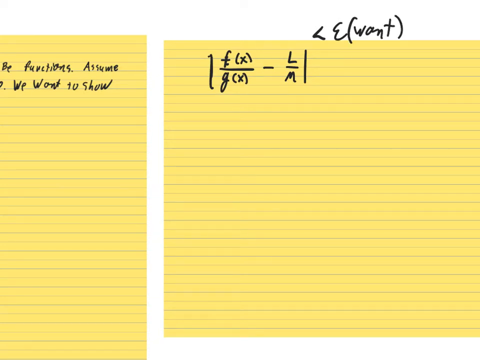So what is it that I want to get eventually in an epsilon delta proof? My eventual goal is that the function in question minus the limit in question is less than epsilon. That's what I want.